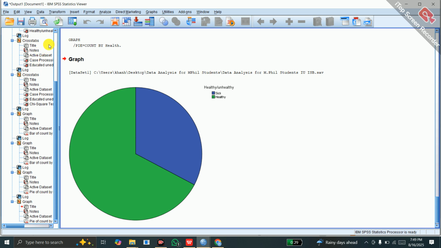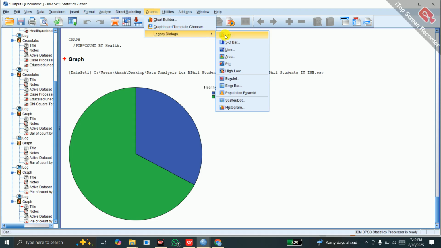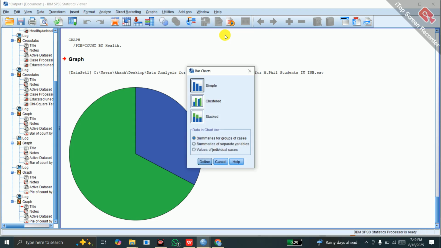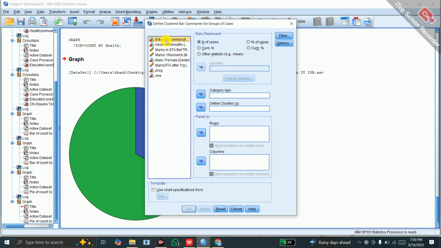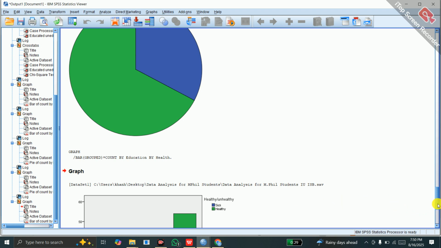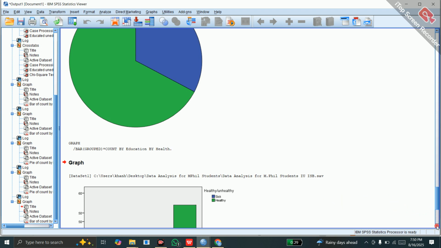I can also make a cluster bar graph and a stacked bar graph. So first I would like to use cluster. I'll click here on clustered instead of simple, then define, and after define I'll send this variable here, and the health variable defined by this cluster, and after that click OK.